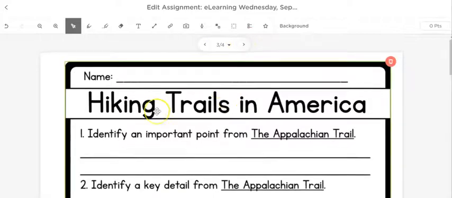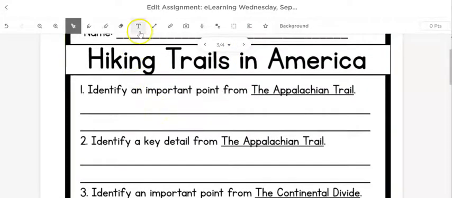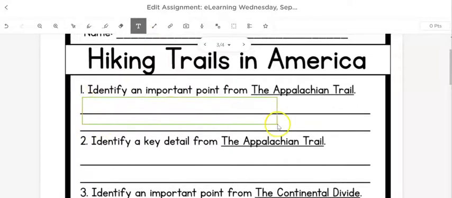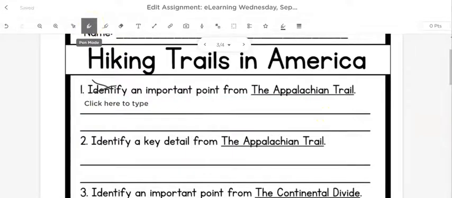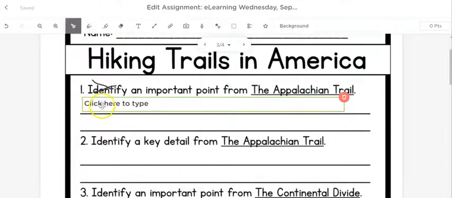So I'll go back to page 3 and you can as well. And by restating, we'll cross out our question word and we'll restate our question. An important point from, and these are all capital because it is a title, the Appalachian Trail, and what we decided it was that it was famous.